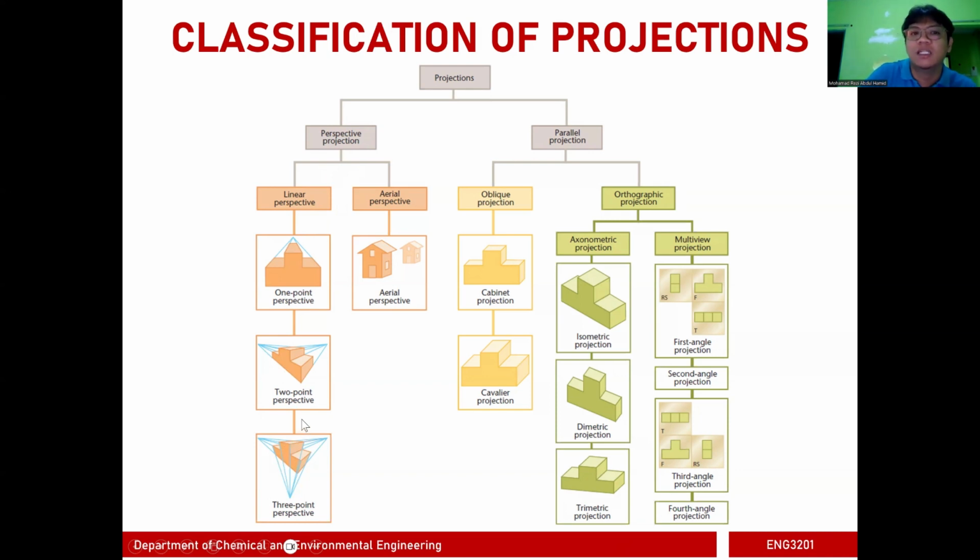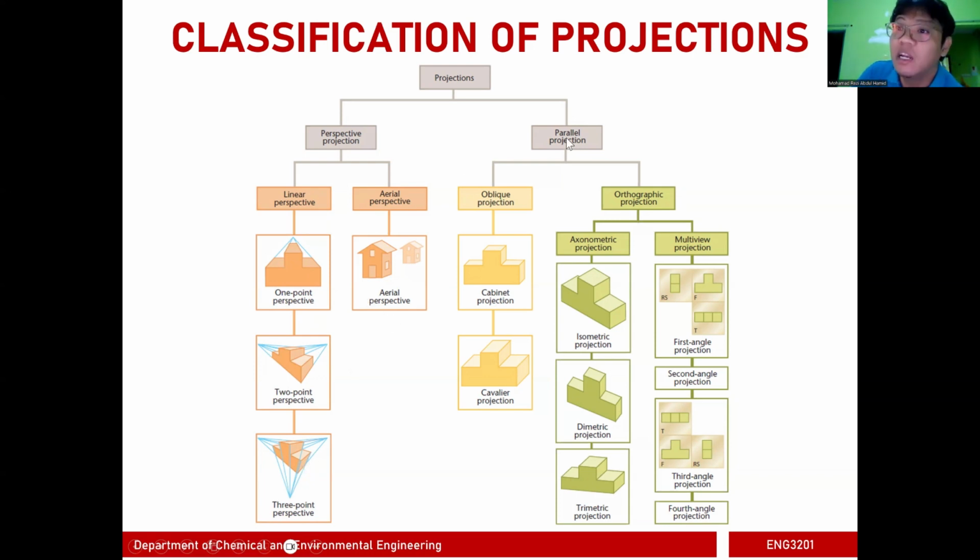They are all the same in the sense that the lines of sight are linear. Linear here means a straight line, but they are not parallel to each other. It's not a parallel projection because the lines of sight converge. This one converges on one point, this on two points, this on three points.